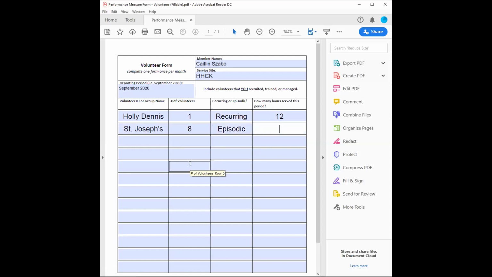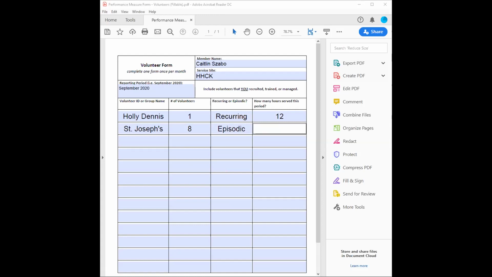And then this is where it gets a little more complex, not too bad, but you're going to report on the total number of hours served for all of the volunteers. So say that the volunteers served 8 hours for 2 days, so that's 16 total hours, and there were 8 of them.